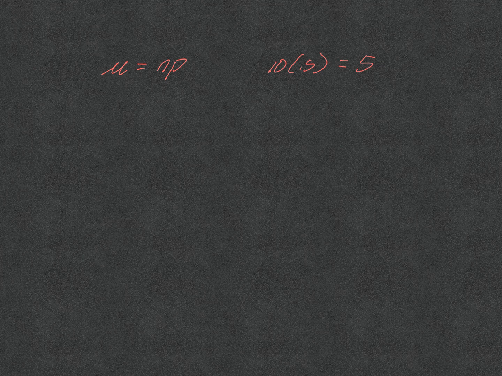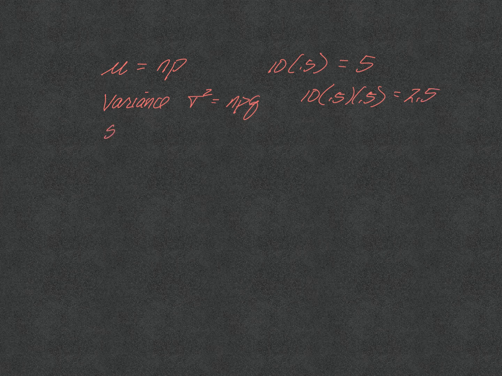The variance, which is sigma squared, is equal to npq, or 10 times 0.5 times 0.5, since success and failure have the same probability. That would be equal to 2.5 in this case.